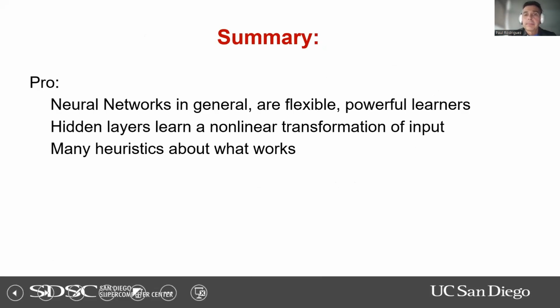So in summary, neural networks are flexible and powerful learners. The hidden layers are really learning some nonlinear transformation of the input. As you combine activation functions, layers, and nodes, you can get interesting transformations of the input. And there's a lot of heuristics about what works.